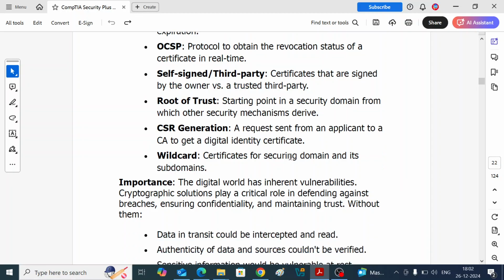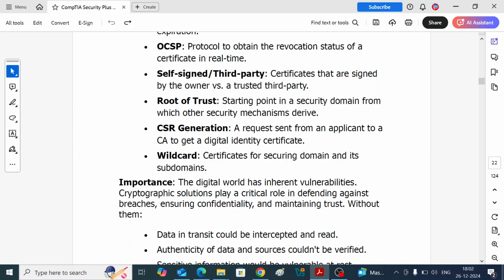Then we have one more concept, called CSR generation. It's a request sent from an applicant to a CA to get a digital identity certificate. When you need a digital certificate, you will request this.